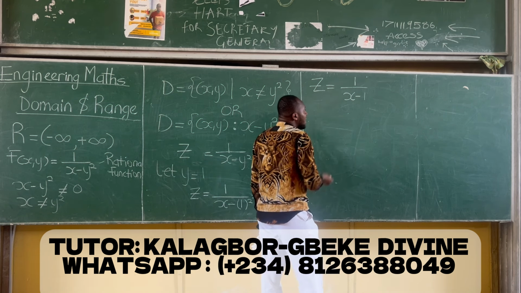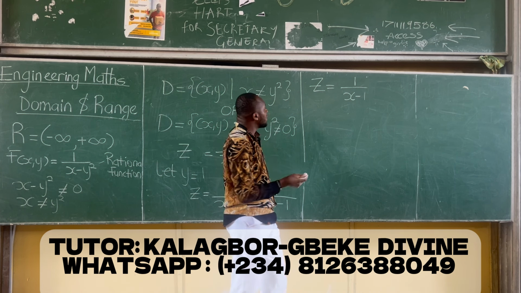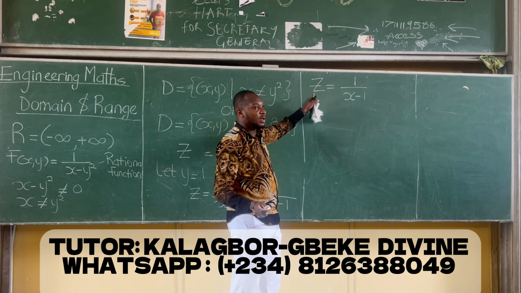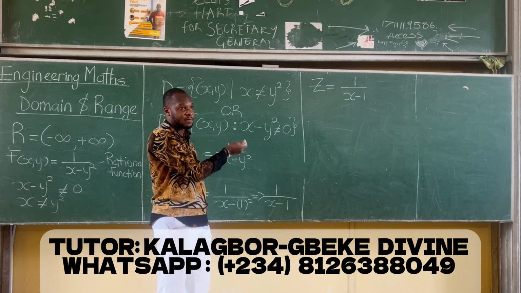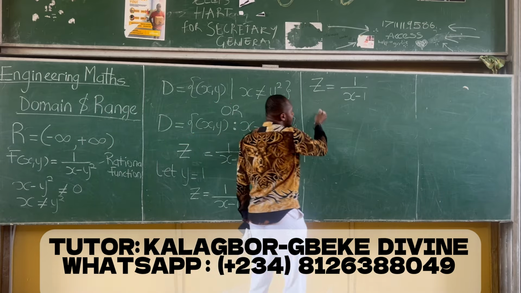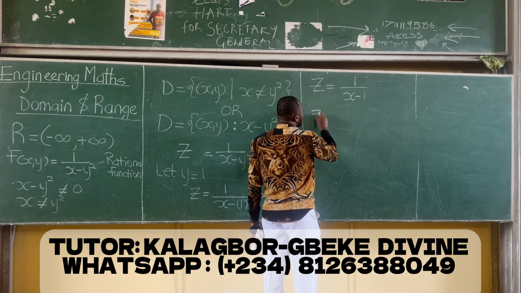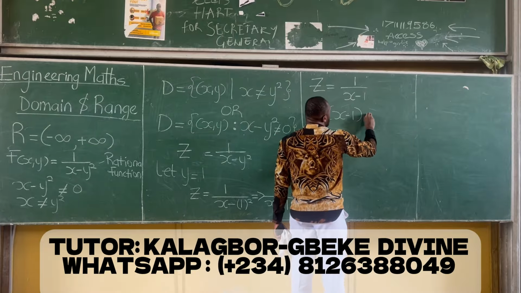So let's make x the subject of the formula. What should we do first? We cross multiply, right? And if we cross multiply, we'll have that z into x minus 1 is equal to 1.